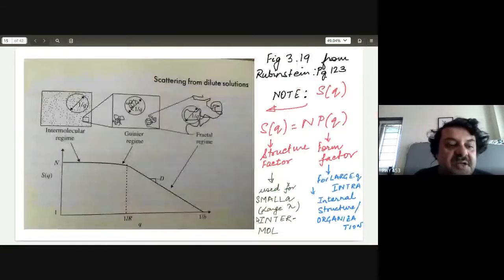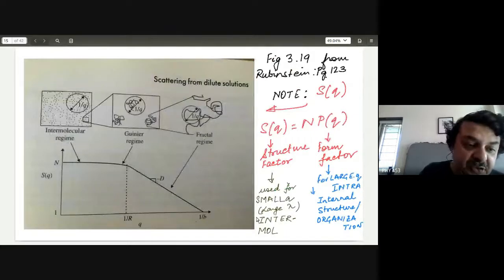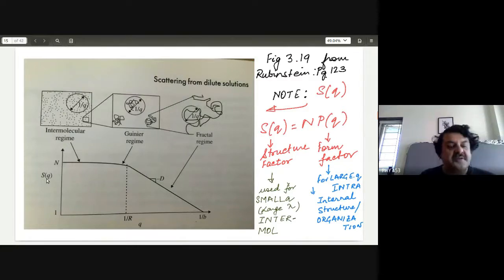So this holds for q larger than cn, cn being the number density, by n, the number of monomers in a chain, to the power 1/3. So instead of plotting P of q, if you plotted S of q, where you change both theta and maybe lambda, then for very small q you will get the intermolecular regime.